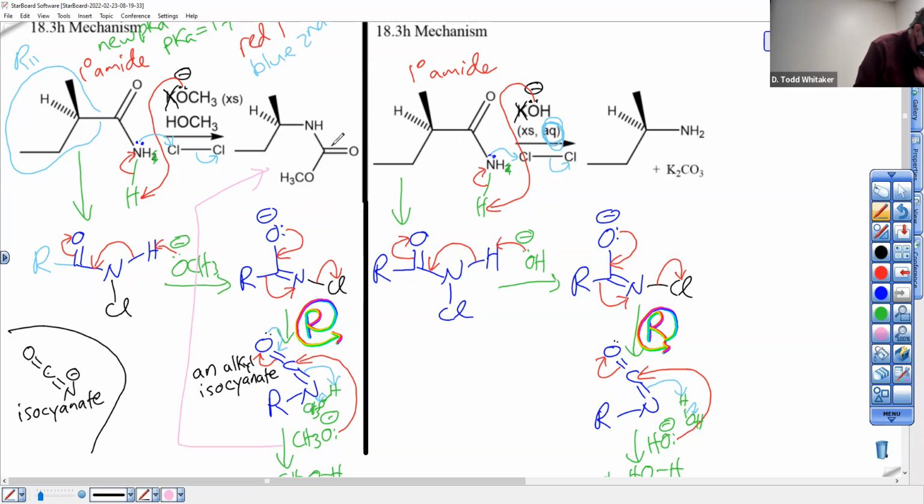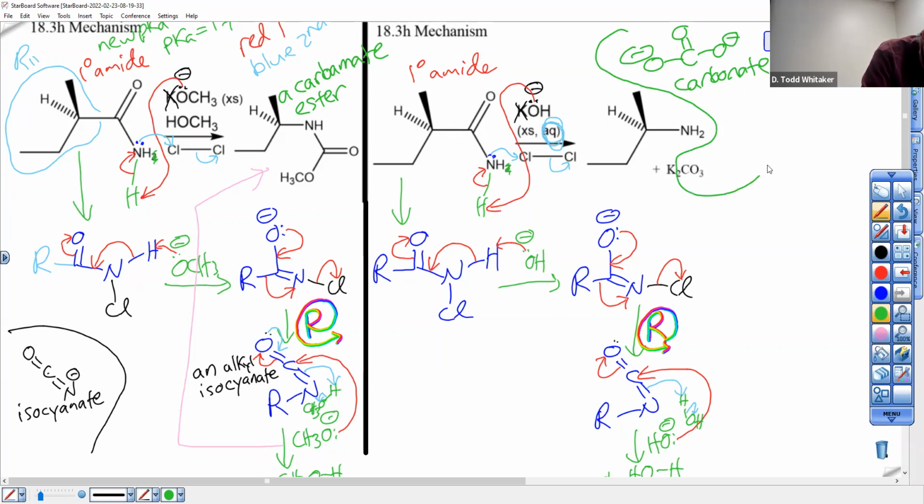And are you surprised it's called a carbamate ester? So named after this ion here called carbonate. Why did I draw that there? Because I see it down there. So what does the 'am' mean in terms of how carbonate changed?